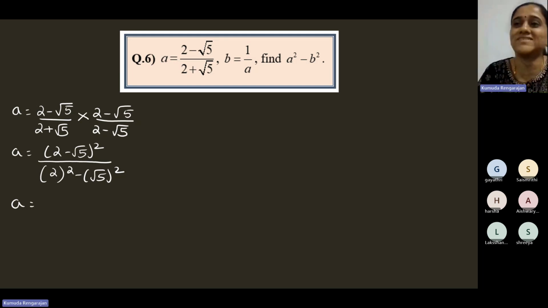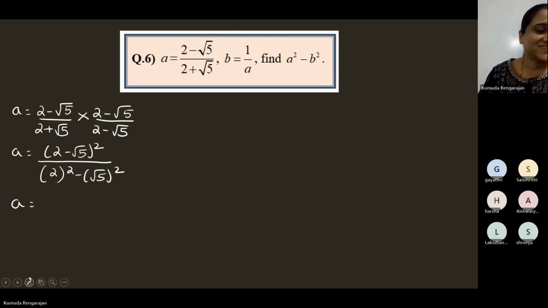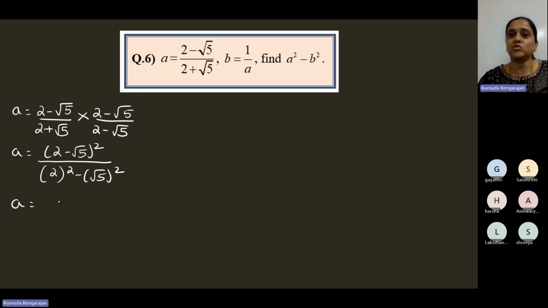A square minus 2AB plus B square. A square minus 2 into A into B, plus B square.